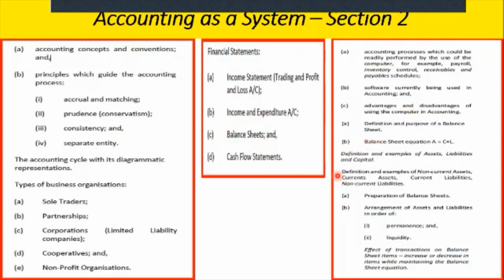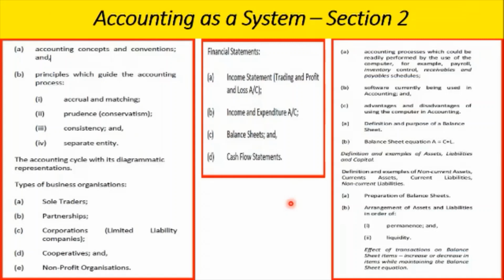I'll put this up in the classroom as well, and you would be able to see it there and make your own notes and decide what you want to do out of the 9 topics. If you could cover all of them, fine. If you can't, make sure you do at least 6 of them. Okay?